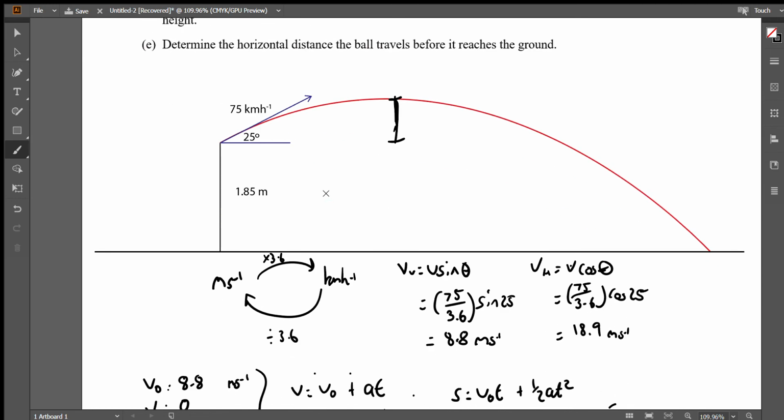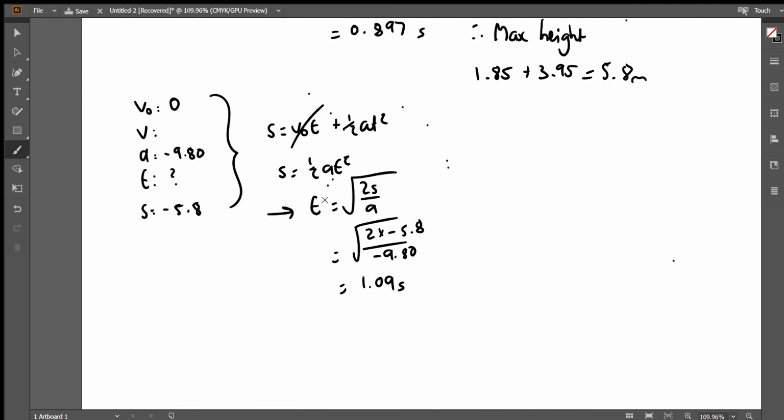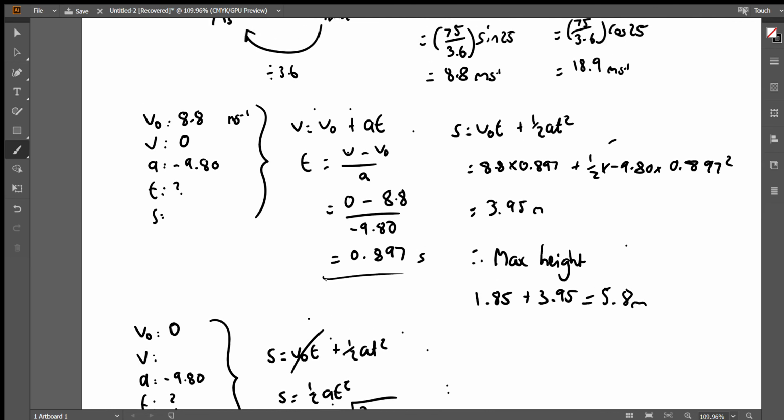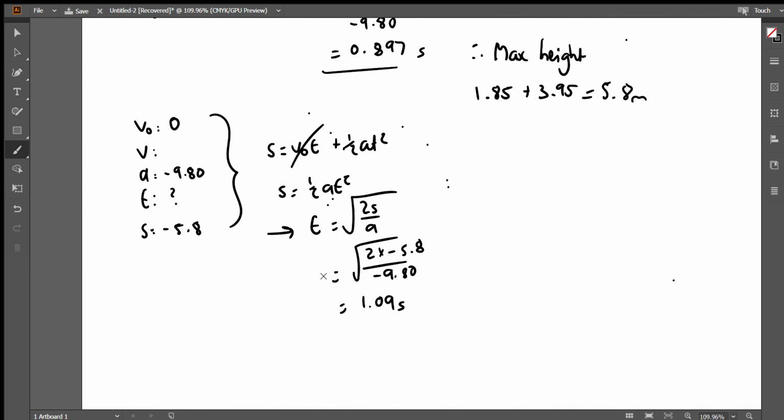Finally, the total horizontal distance the ball travels. Here we have to add the time taken to reach the maximum height and the time from the maximum height to reach the ground. So the total time of flight will be 1.09 plus 0.897, which ends up being essentially 2 seconds.